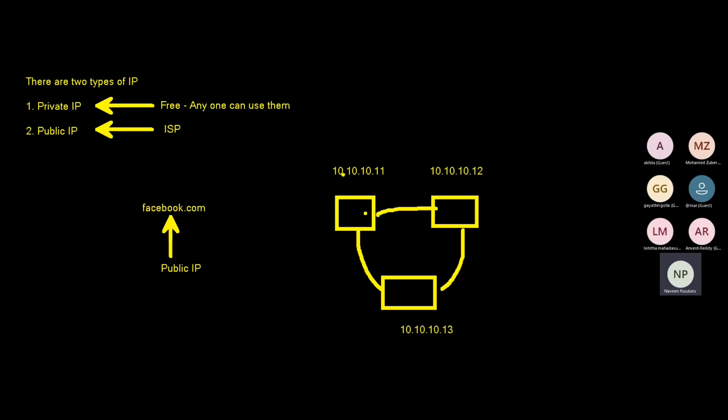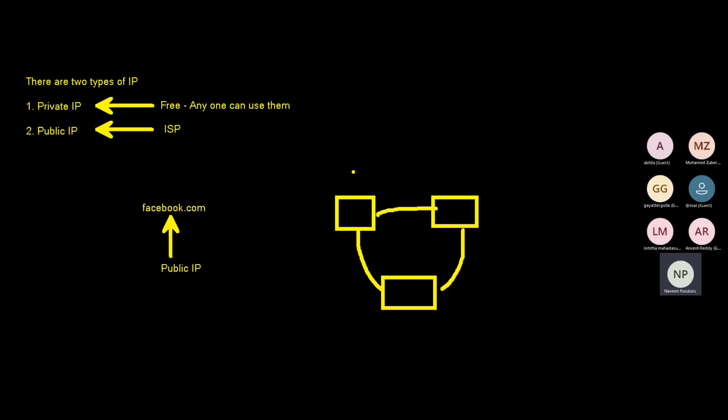So these private IPs are for internal purposes. I don't know whether you have observed this or not. For example, in an internet cafe, they have 10 or 20 systems, and you can access the internet from all of them.